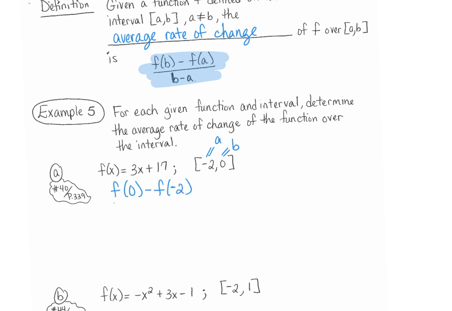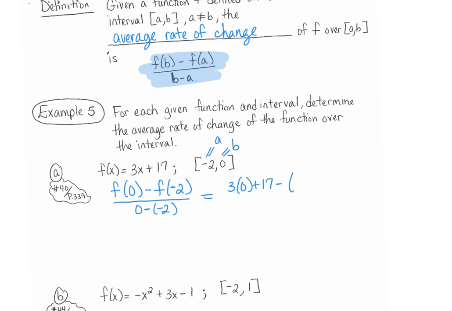Good, all over 0 minus -2. Good. So, f of 0 means we're now going to take 0 and substitute it in for x here. So that gives us 3 times 0 plus 17 minus the quantity.